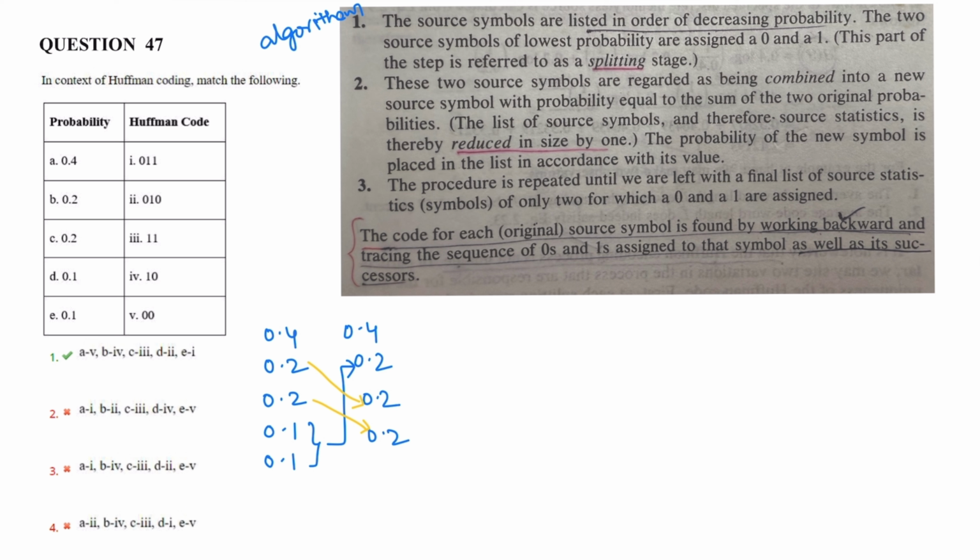Again the same step, the lowest source symbols are added and placed in descending order. 0.4, next 0.4, 0.2. This 0.4 is placed here, this 0.2 is placed here.